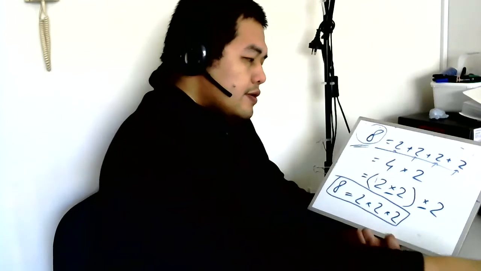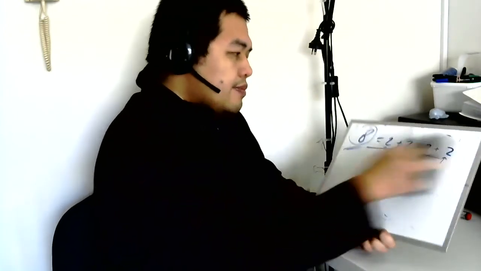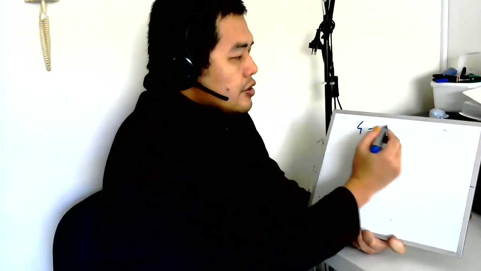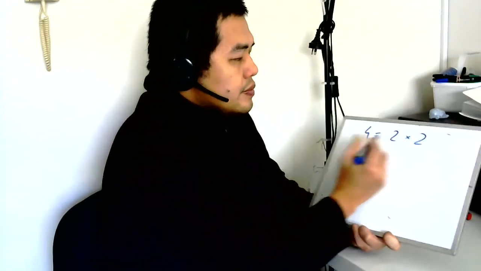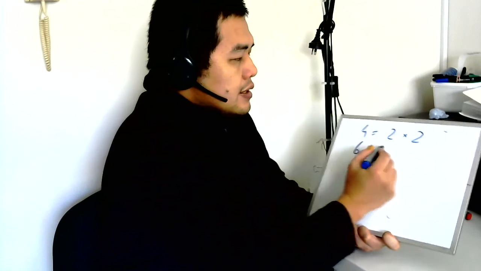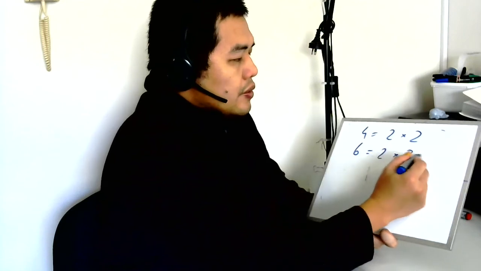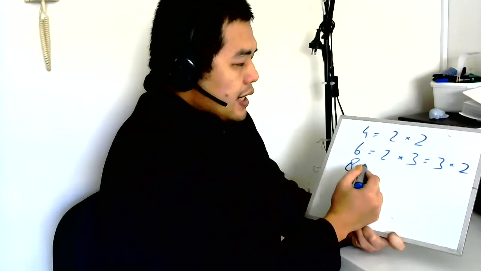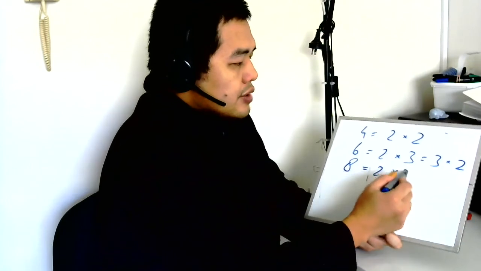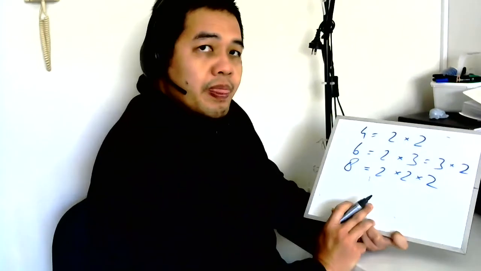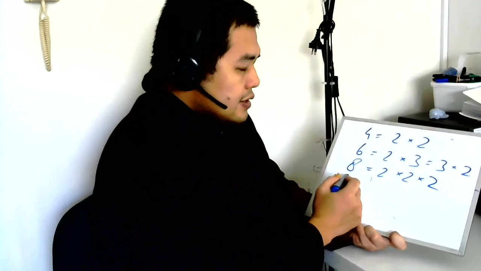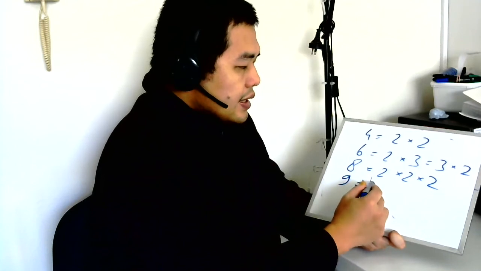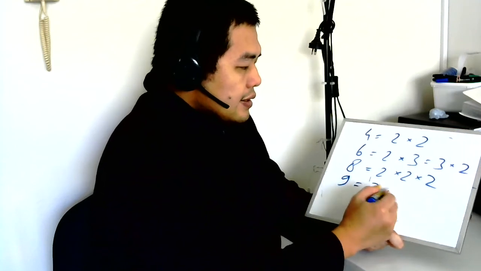So if you look again, for example, 4, it's 2 times 2. Now 6, 2 times 3, or 3 times 2. Now if you look at 8, for example, it's 2 times 2 times 2. Now if we look at 9, in this case it's 3 times 3.